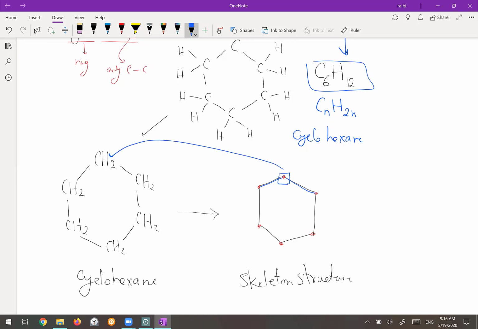So we have the carbon. That carbon bonds with 2 single bonds to the 2 other carbon as we have here. So we must have 2 hydrogen here. So this is the situation for any corner. So look at this corner that we have here. It has 2 single bonds, one with the carbon at the top, one with the carbon at the left side.